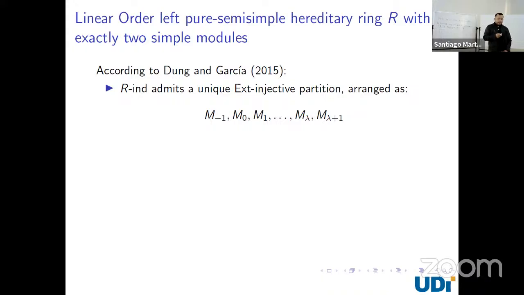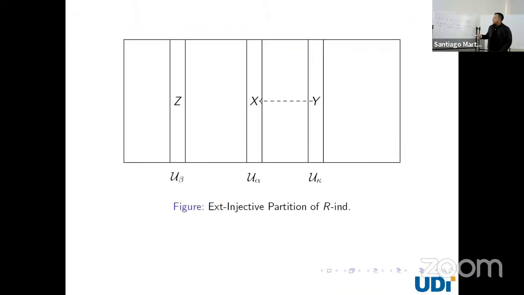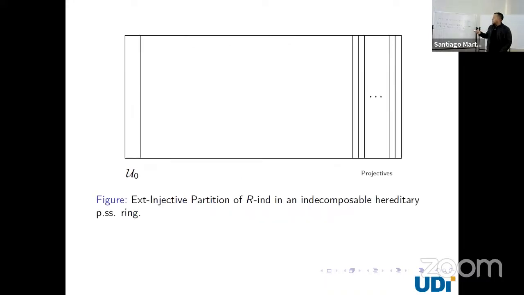It's also proved in the article on splitting torsion pairs of Dung and Garcia that the number of indecomposable models in these sets depends on the simple models that the ring has. For example, for a ring that has two simple models, every set here is going to have a maximum of 2 models, which are the simple ones. If we had 3, the maximum would be 3. The special case is always the last block of the partition, where we can have a block with fewer models than the number of simples.